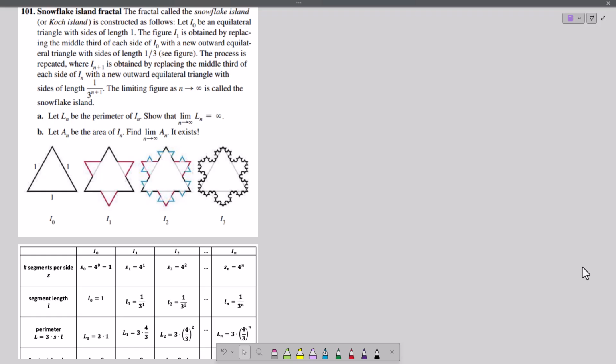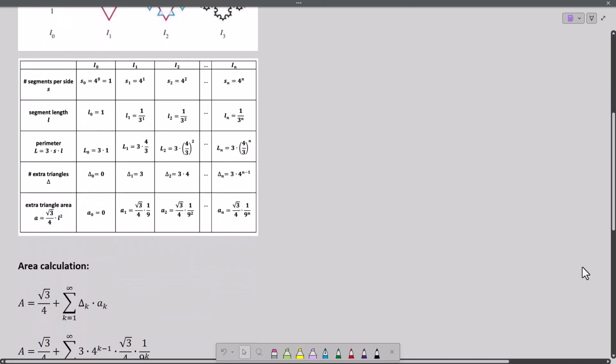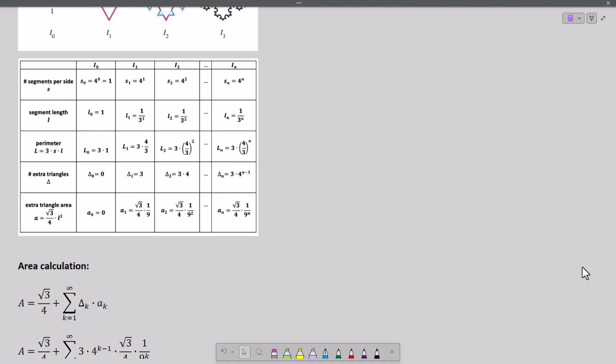So the length around the outside is going to be infinite because the number of sides are increasing, and there's positive distance on each of those sides, and it's increasing in a way that you're going to have an infinite perimeter. And so if you're curious about these types of interesting examples, I created this little table here where we can see the formula for the perimeter after n iterations of this equilateral triangle replacement of the middle third of each side.